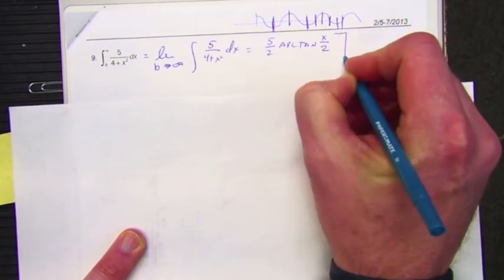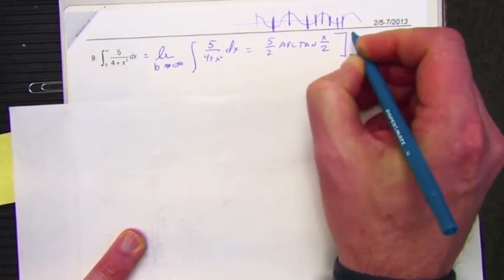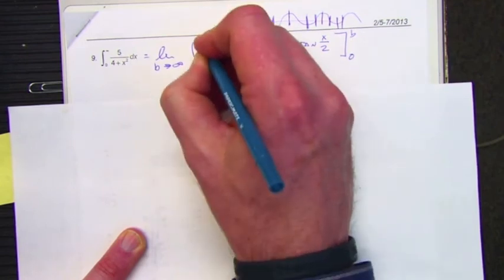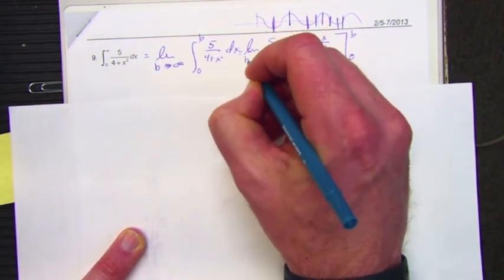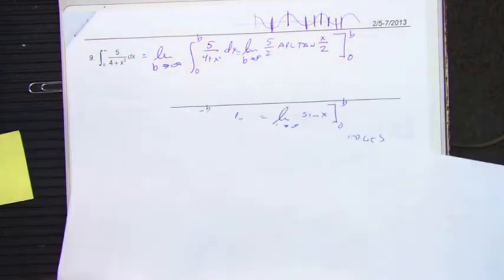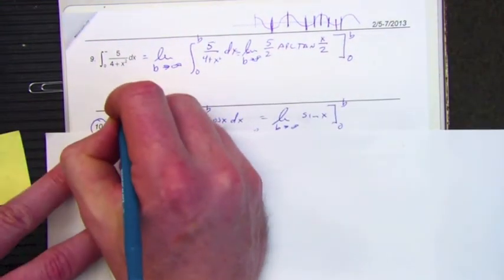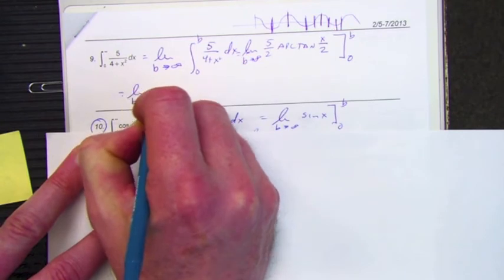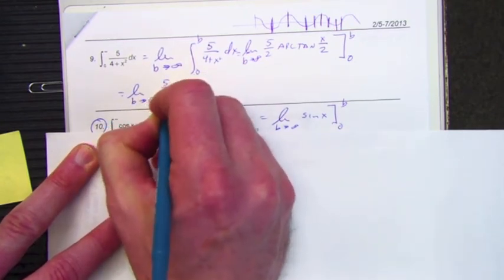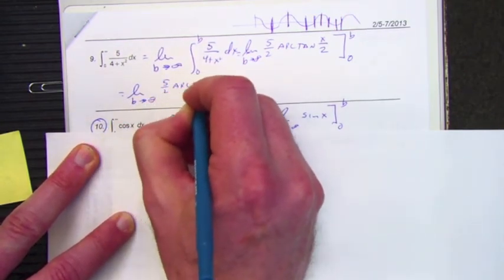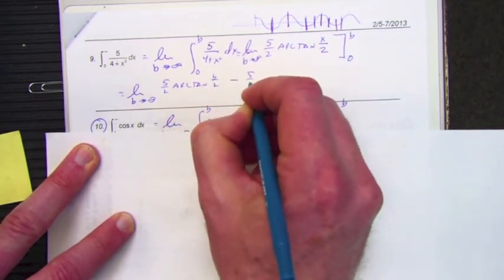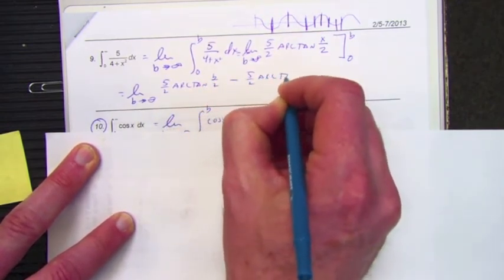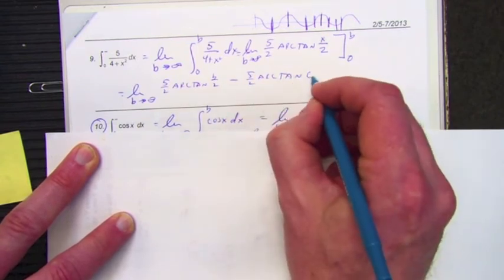We still need to evaluate that between 0 and b. I should have made this 0 to b here. And I still need my limit symbol out front. We've got to put our thinking caps on here because we haven't done this yet. So this is going to be the limit as b goes to infinity of 5/2 arctan of b over 2 minus 5/2 arctan of 0.